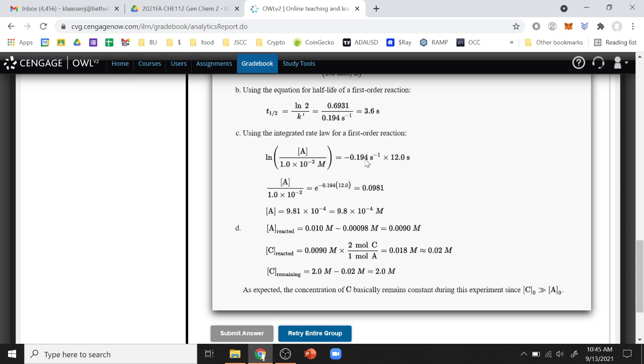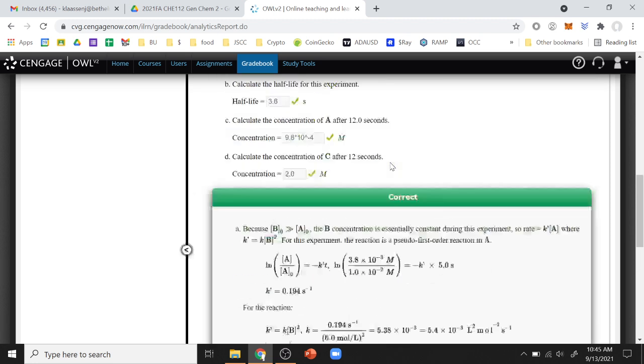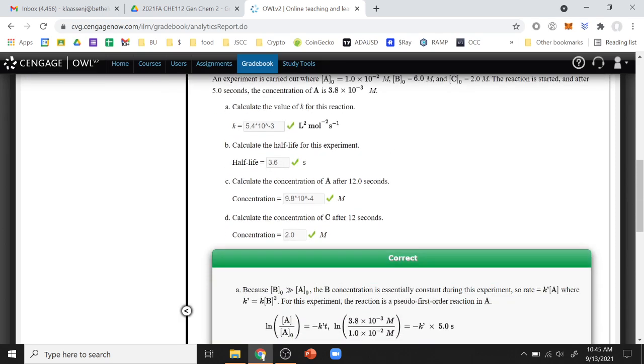And this is one place people oftentimes get confused. We need the K prime to be pseudo first order. So you're going to use that K prime value for all these. And then that's times the time, which is 12 seconds. And we got the time right here. Okay. Did that clear that up, or?